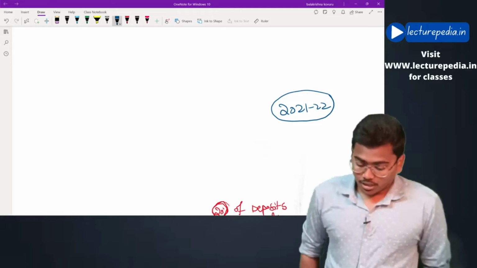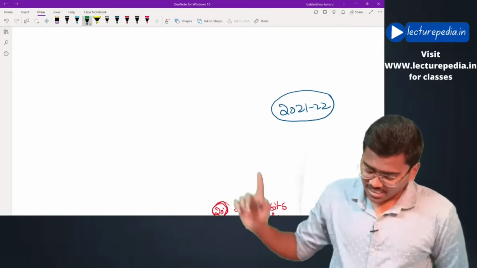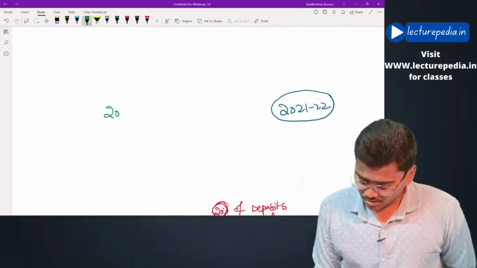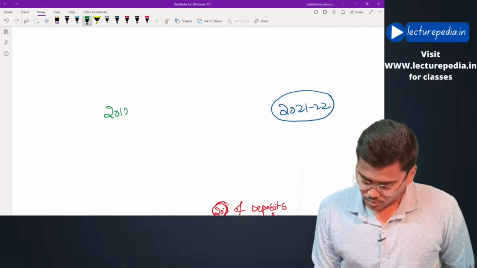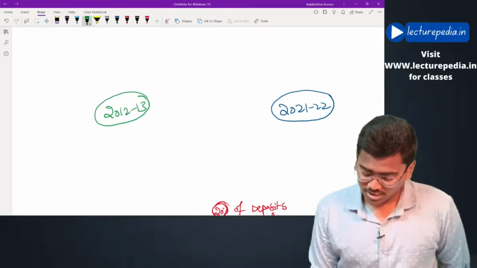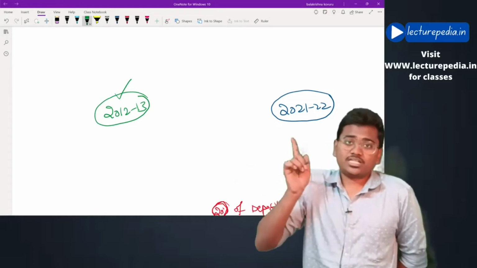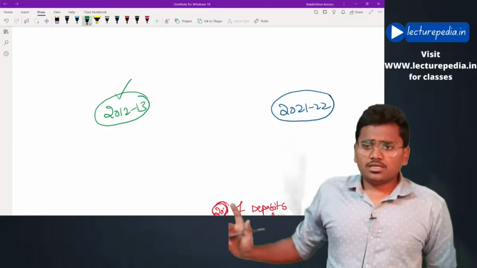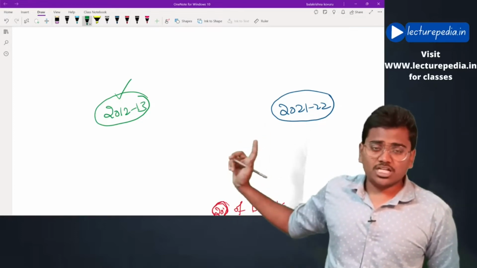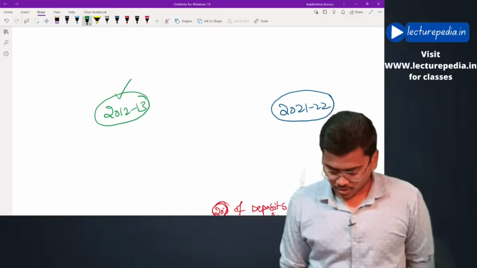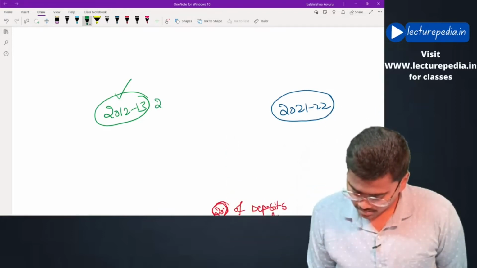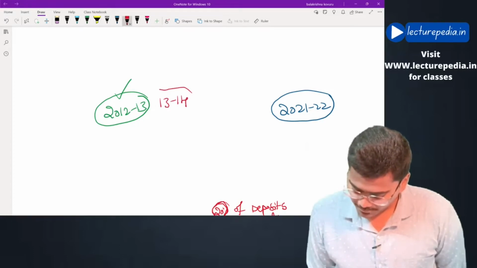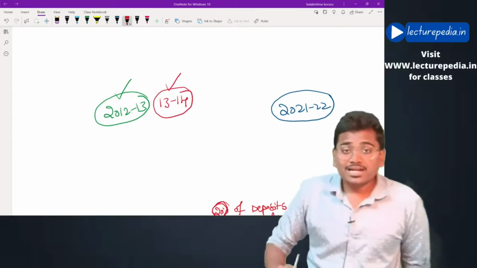Now in the past, let's say in 2012-13, the company defaulted in repayment of deposits, but in the next year, 2013-14, the company made this default good.